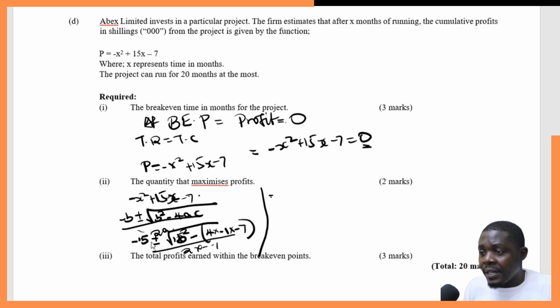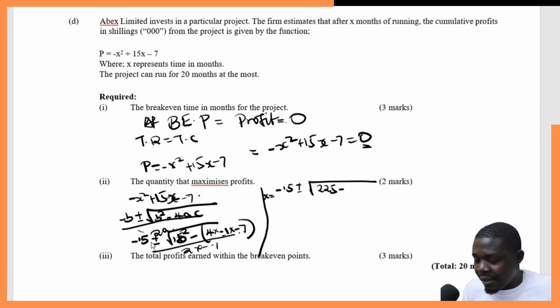And here we have x equals negative 15 plus or minus the square root of 15 squared, you get 225, minus negative becomes positive. Now 7 multiplied by 4, you get 28. Now that case will be minus 28. Everything over negative 2. 2 multiplied by negative 1, you get negative 2.